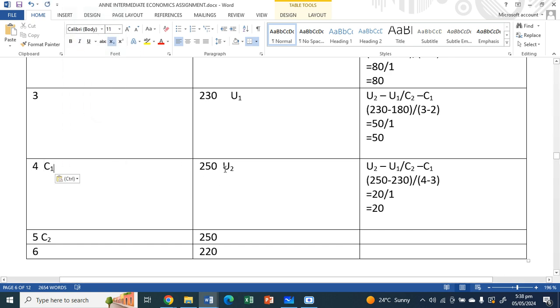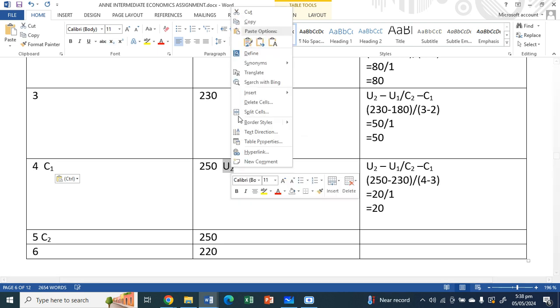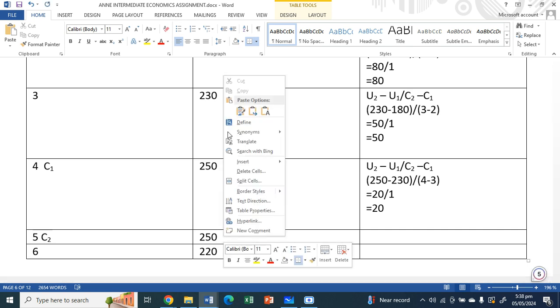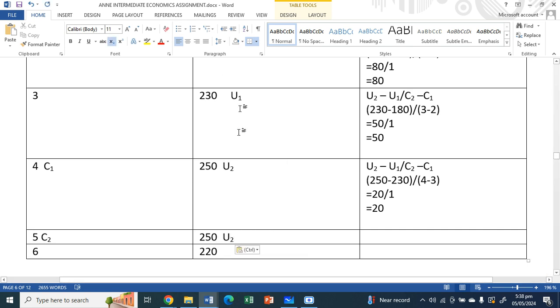Okay, then our U2 is 250, and the U1 is still 250.